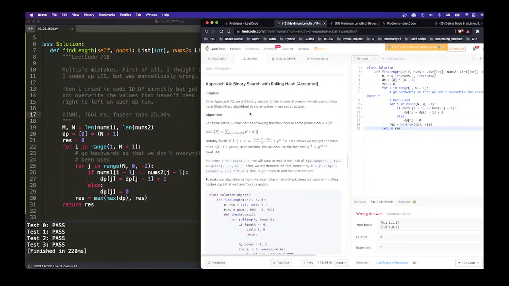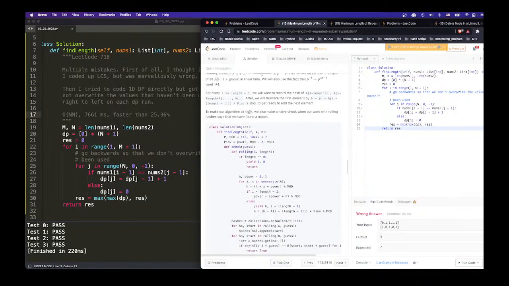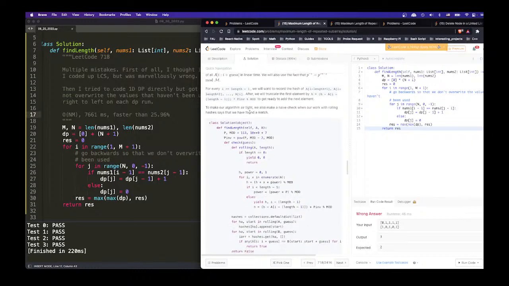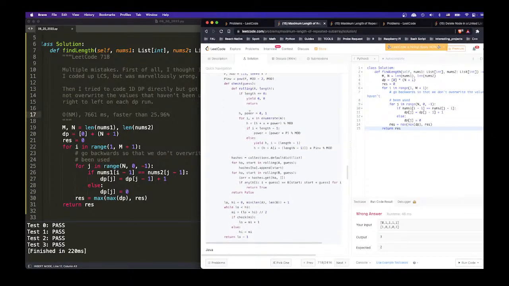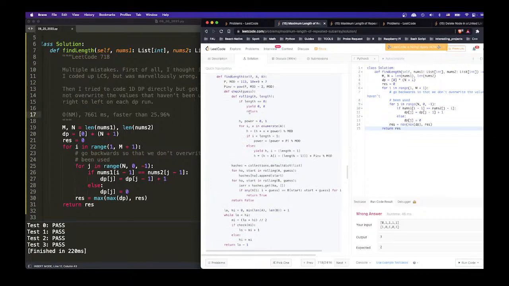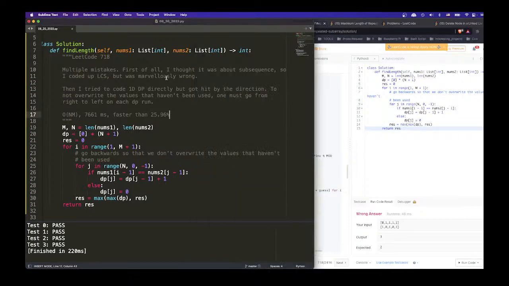So basically we binary search on the length. No, I'm not going to rolling hash it.